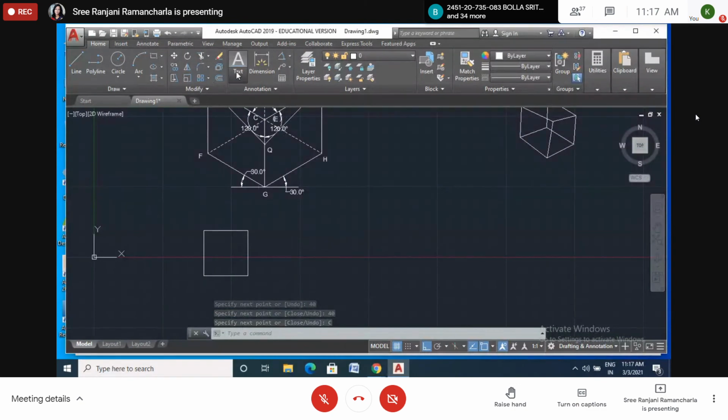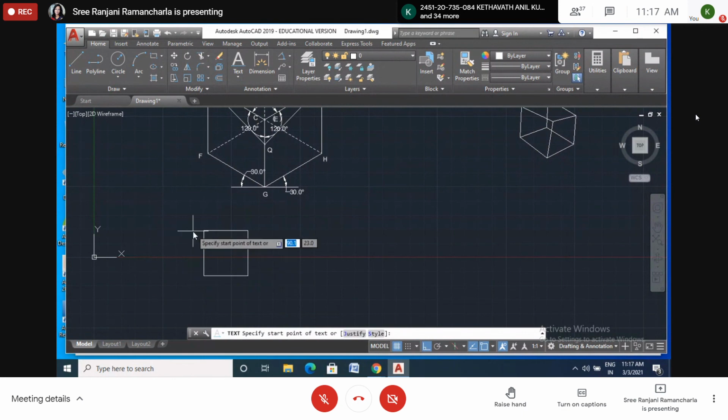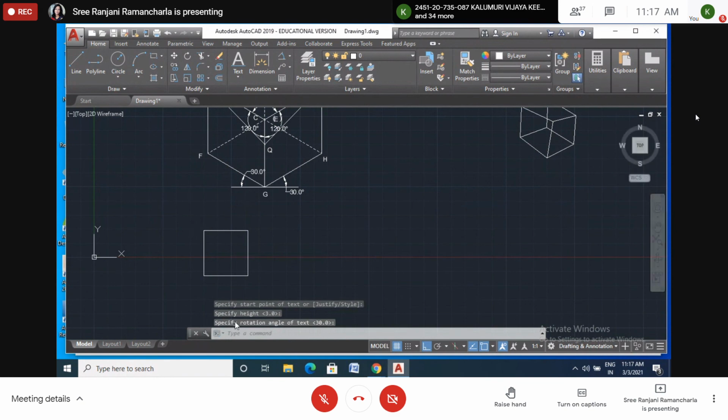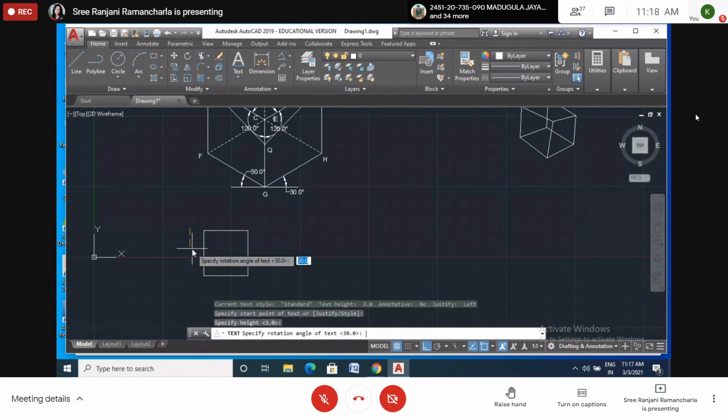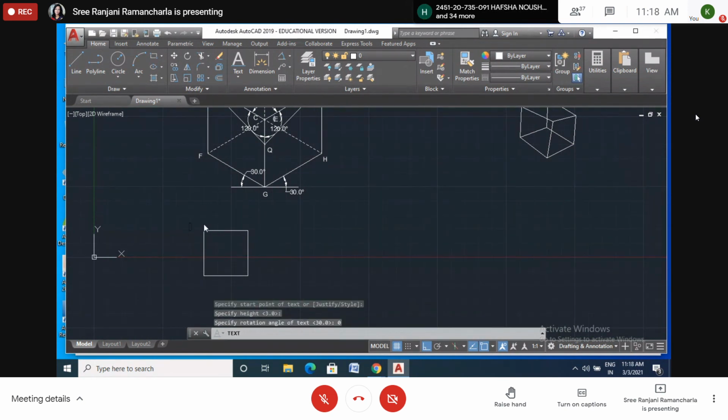Now here I'll text as A, B, C. These isometric projections are very easy when compared to all previous drawings.